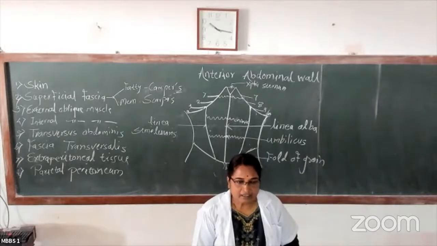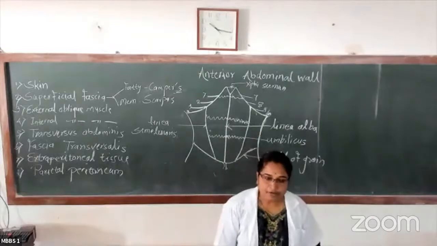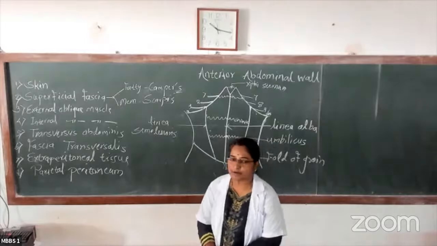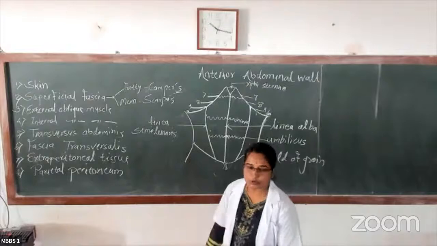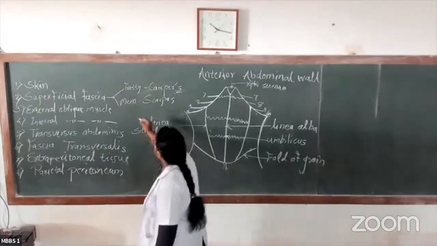That means these are the branches of the femoral artery and the tributaries of the femoral vein. And along with this, the superficial group of inguinal lymph nodes is present in between these two layers.